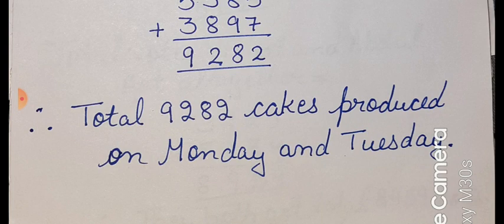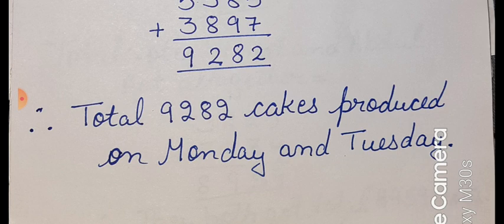Therefore, total 9282 cakes produced on Monday and Tuesday. This is a solution line. Whether or not it is written in the question that you have to write the solution line, you must make sure that you write the solution line at the end of every sum, and it gives grace to the question.